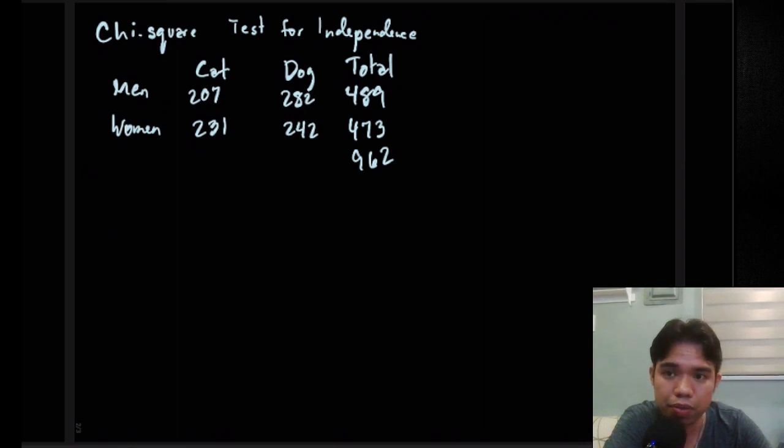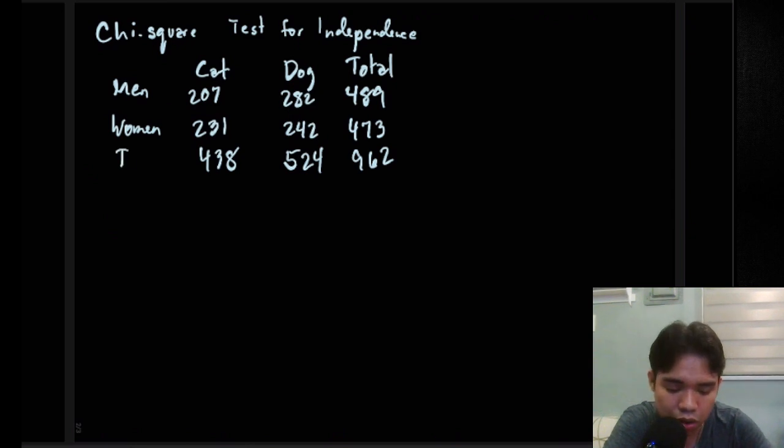If we add the total number of men and women who prefer cats, it is 438, while the total of men and women who prefer dogs is 524. So it's going to be the same overall total, 962.